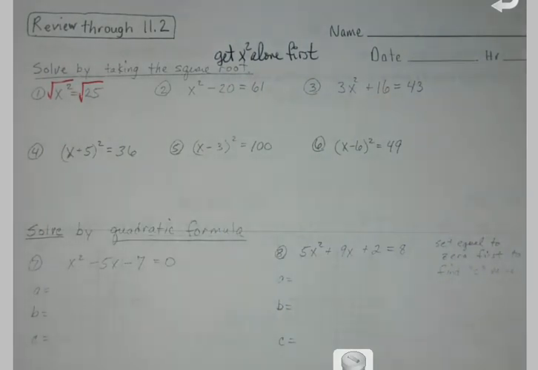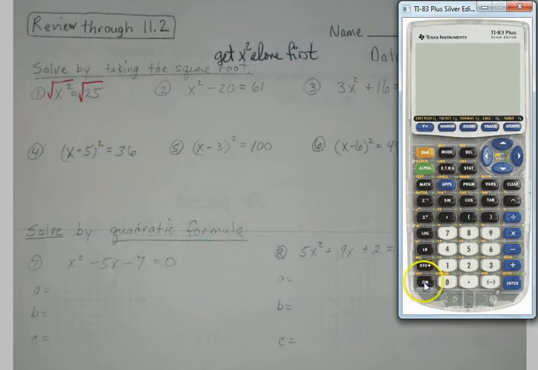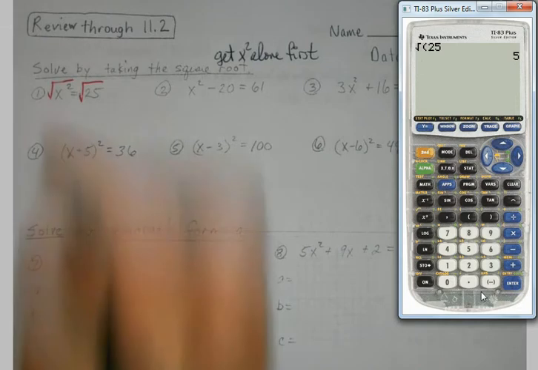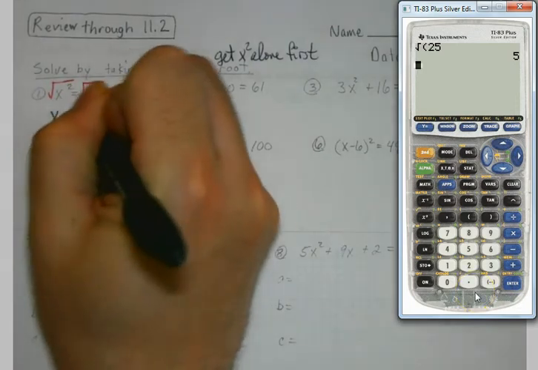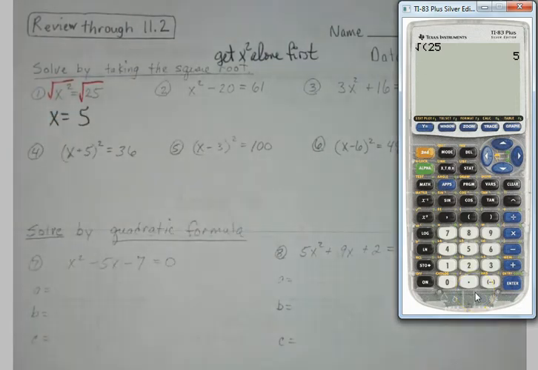But here's our dilemma. If I just went to the calculator, which sometimes we do, and we'd be like, okay, so I want the square root of 25, and you hit it, and you go, okay, it's x equals 5, and you go on to the next one, and then you find out later that you missed something, because there's not just one answer here.